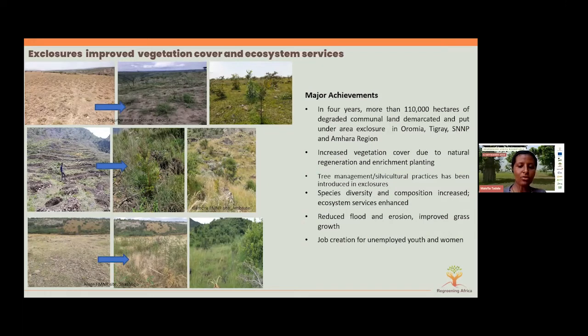There is also an increase in species diversity and composition in those area exclosures, and reduced flood and erosion also witnessed in these exclosure sites. There are also job opportunities created for unemployed youth in the local community. These are just the main achievements that we witnessed in the past 4 years. Next slide, please.